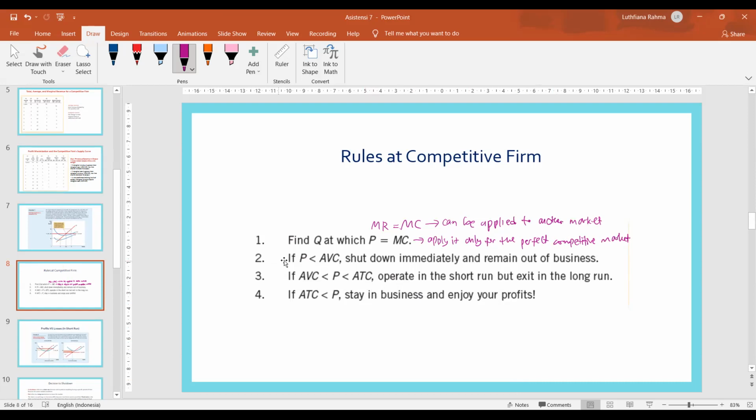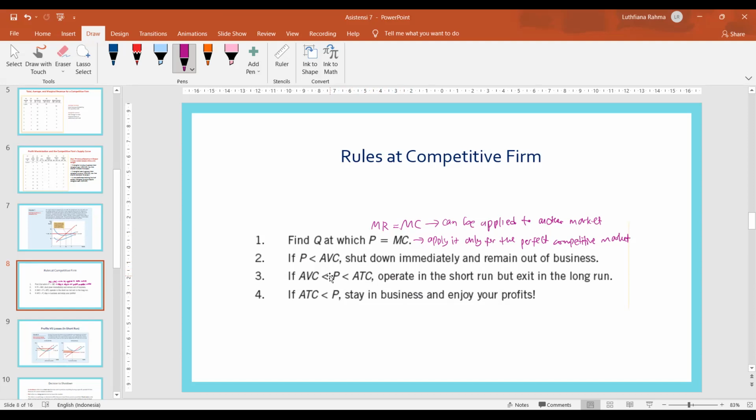And then, let's find the Q at which MR equals MC, and then if the price is below the average variable cost, then the firm should shut down immediately and remain out of business. Later I will explain to you what shutdown is.